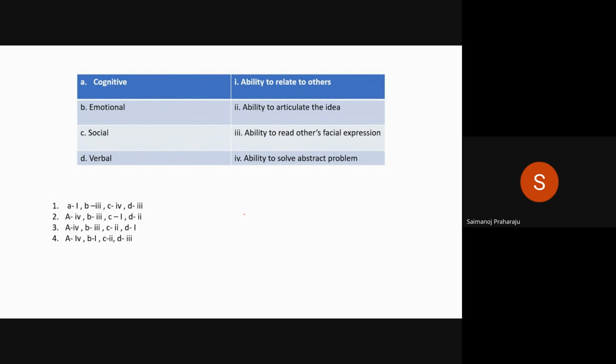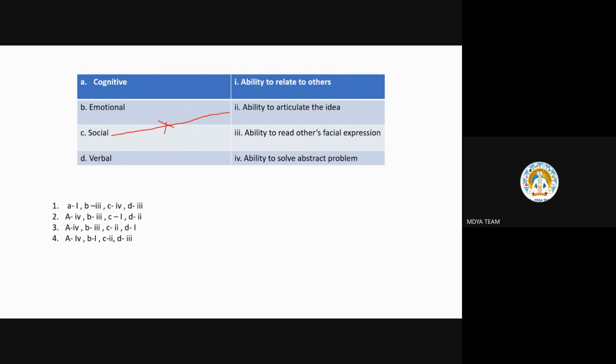Emotional is the ability to read others' facial expressions. In option 3, no, C is related to the second thing. Social is what? Is it the ability to articulate ideas? No, verbal is the ability to articulate ideas.